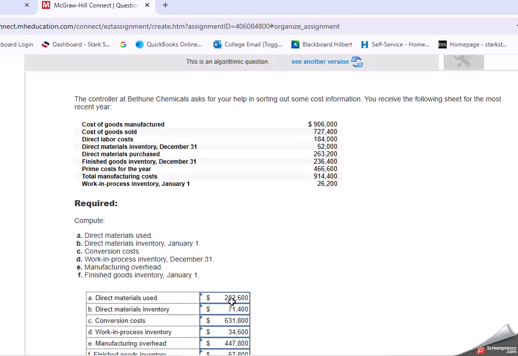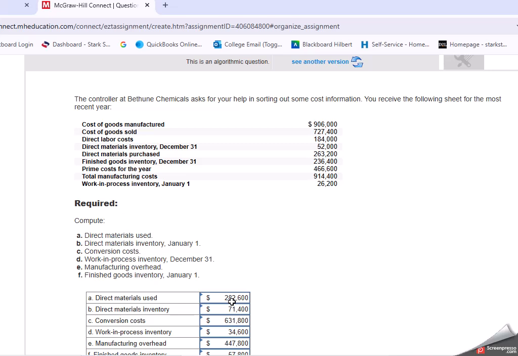Now that we have what was used, we can back into what the beginning inventory must have been. If we used up 282,600, and we have 52,000 left at the end of the year, we would have had 334,600 available. Sorry, I have to go the other direction.